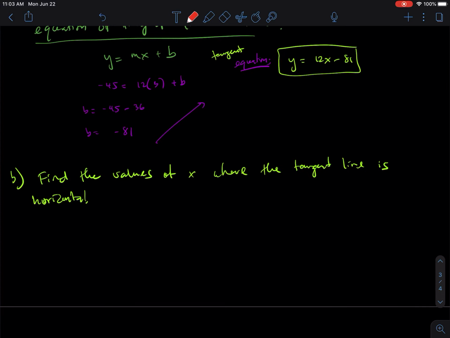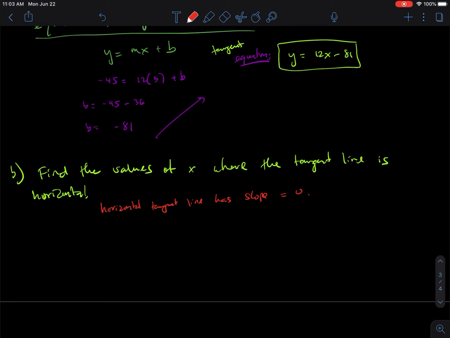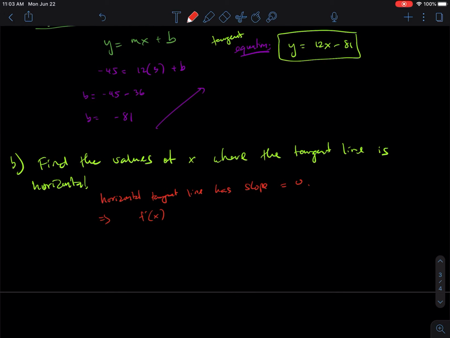Okay, so let's do it. We know that a horizontal tangent line has slope equal to 0. So that implies f prime of x, which is the slope, equals 0. We have to find what x is.